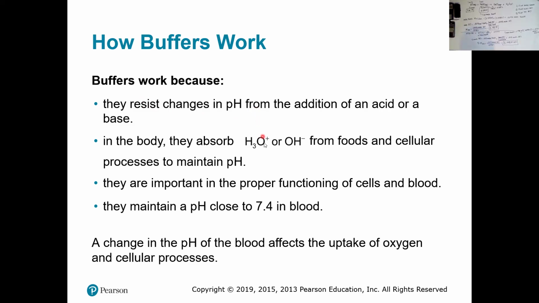We have a lot of buffers in our body systems. They maintain proper functioning of our cells in our blood. Our blood has a pH that's real close to 7.4. And the way that blood pH is able to stay maintained is because of buffer systems that work to keep the blood pH right in this range.